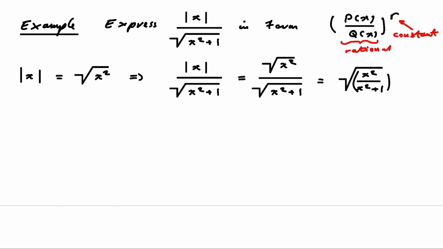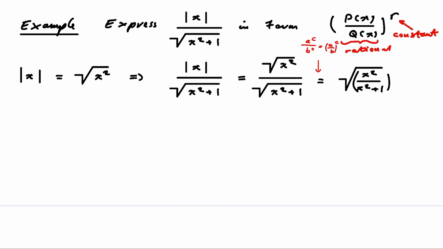So let's make sure we understand what property I'm using here. Well, in its broadest sense, I'm using the fact that a to the c divided by b to the c is equal to a over b, all to the c. That's the property I'm using here in its broadest sense. But if c is equal to a half, then I'm just taking square roots.